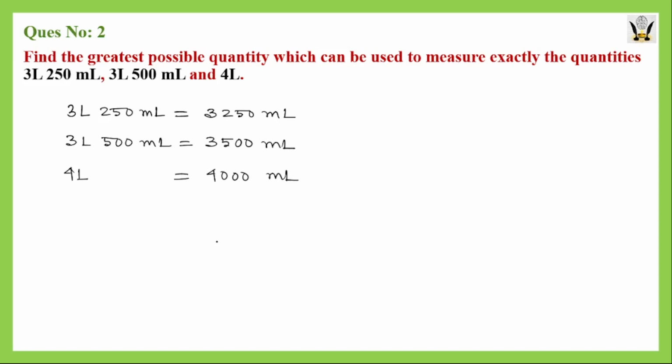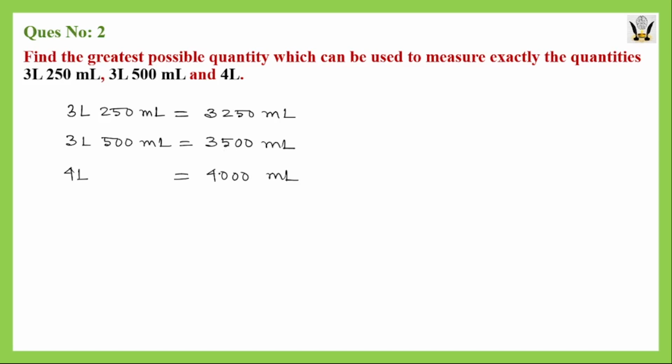Similarly, in the first step we have made the units of all the quantities uniform, which is milliliter here, and then we need to find the greatest possible quantity which can be used to measure exactly these quantities. So here we have three quantities, their values are different, but we need to find another value which will be less than these values, but that value can measure all these values completely. That means this problem is related to division, and we need to find such a value which can divide all these values separately and completely.